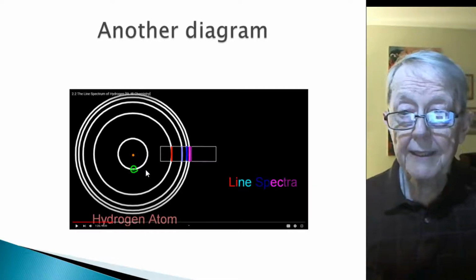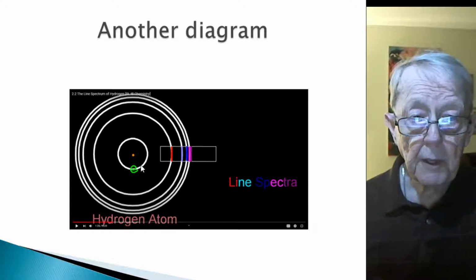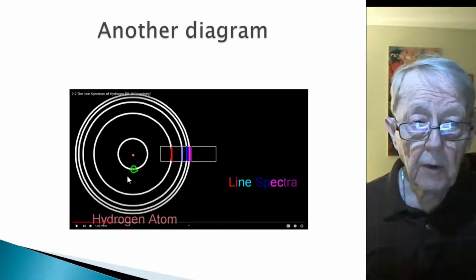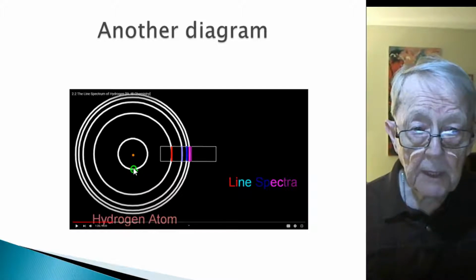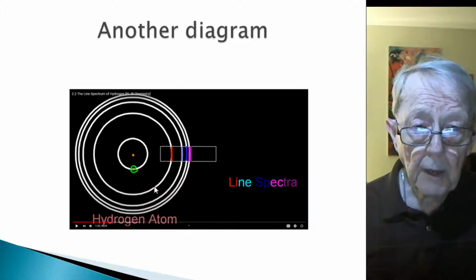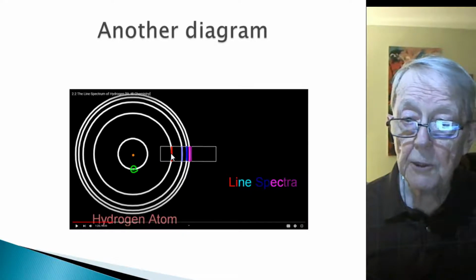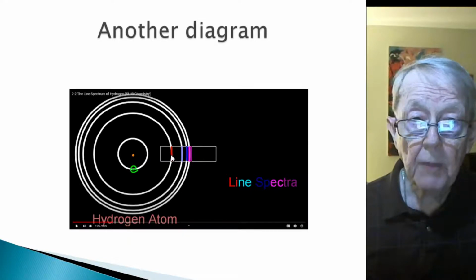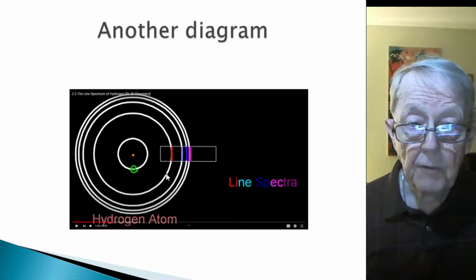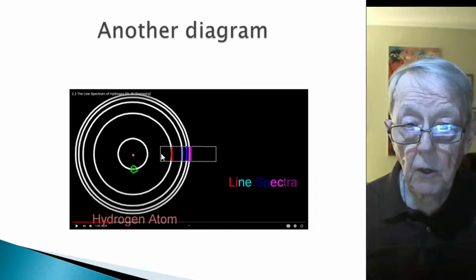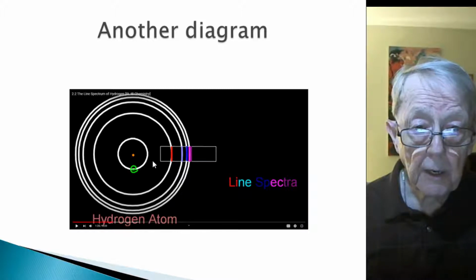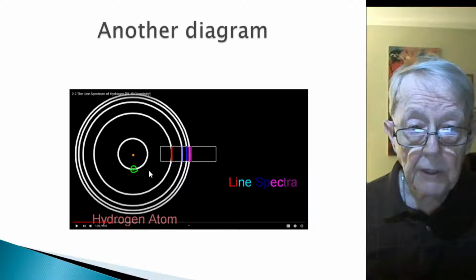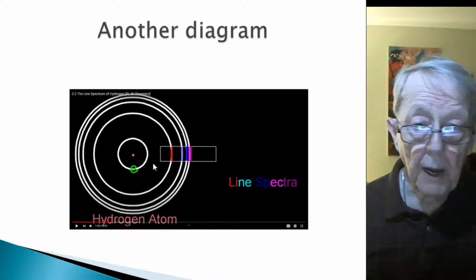And what they're really saying, and I'll show this in a bit, is that when something comes in and bumps this, moves it up here, and then when it falls back down, it'll emit a red photon. So what they've done is try to graphically show the energy involved with the transition of the electron up and back.